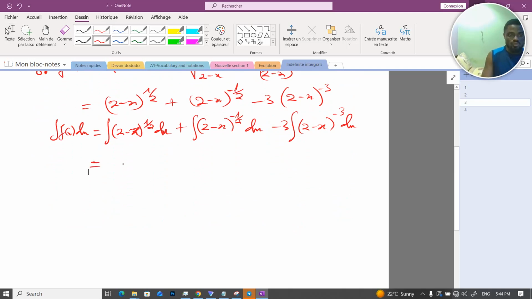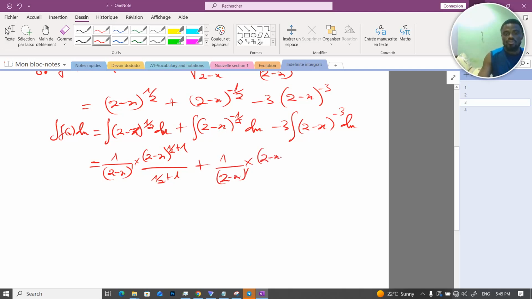So this is a linear function, with exponents different from 0 and minus 1. We apply our formula: 1 all over 2 minus x prime times 2 minus x to the half plus 1 all over a half plus 1, plus, I integrate this, 1 all over 2 minus x prime times 2 minus x to the minus a half plus 1 all over minus a half plus 1, plus minus 3 times 1 all over 2 minus x prime times 2 minus x to the minus 3 plus 1 all over minus 3 plus 1.